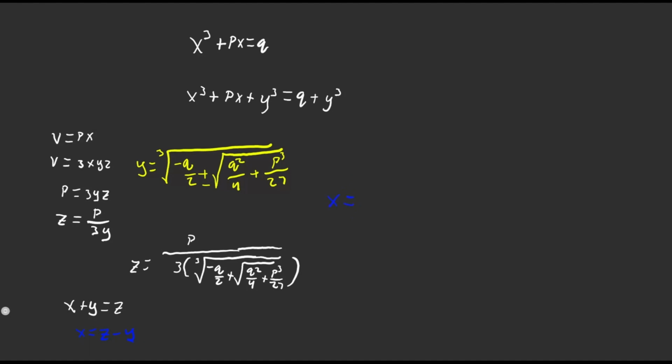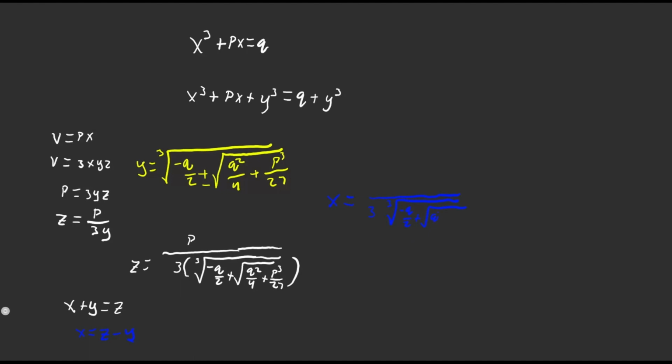So x is equal to p, or first I should do the bottom part, 3 times the cube root of negative q over 2 plus or minus, or not plus or minus. We have to use plus and minus. We can't use plus or minus because the solution will be wrong.